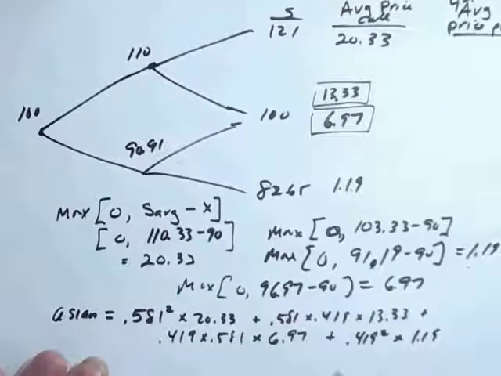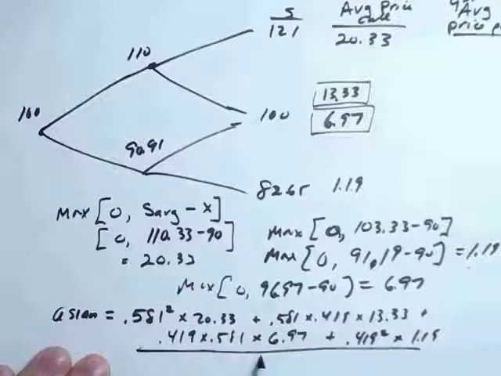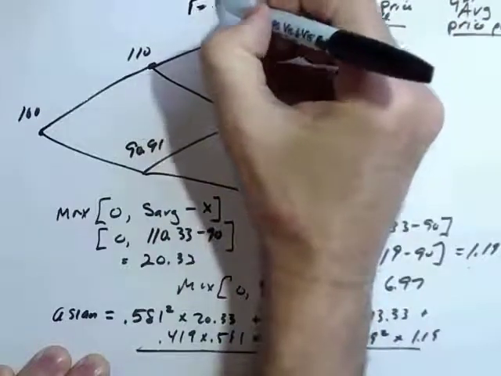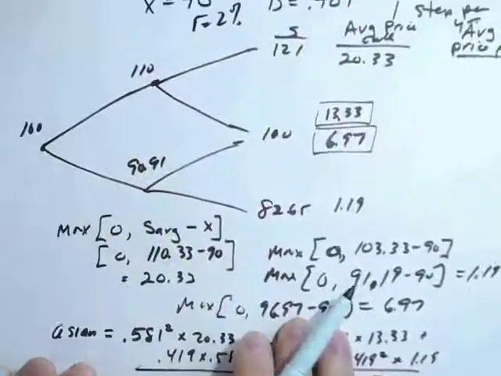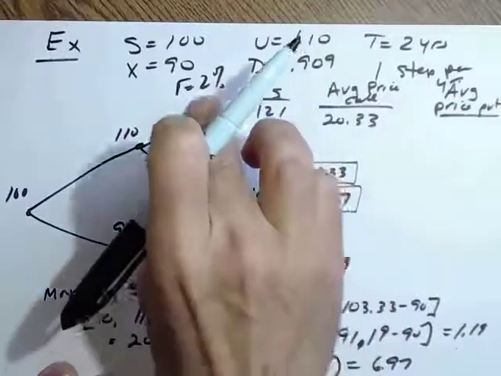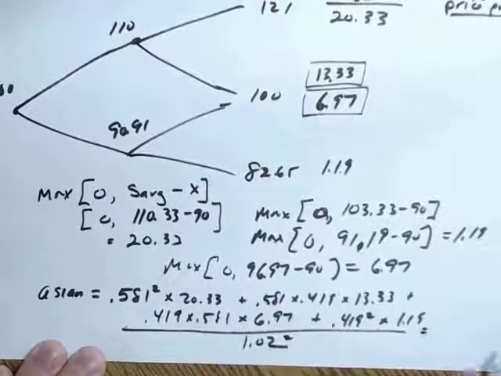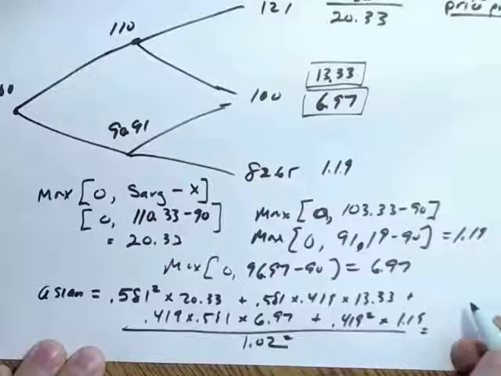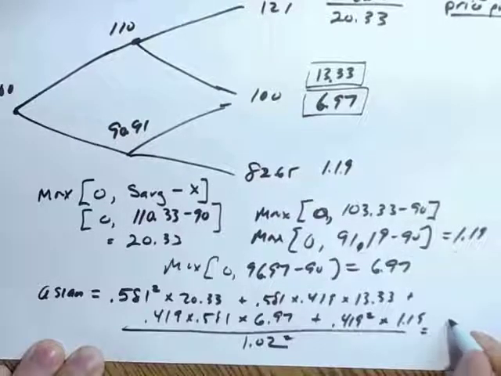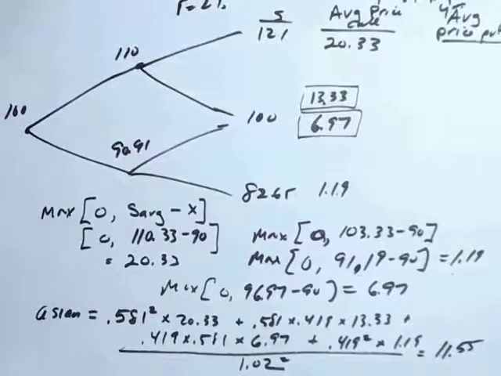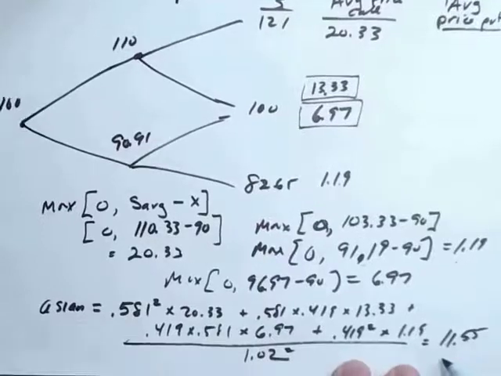Take all of that, discount it at the 2% rate, and by the way, I don't think I put it up here, R equals 2% per year, and we square that, and we end up with a price that is $11.55.